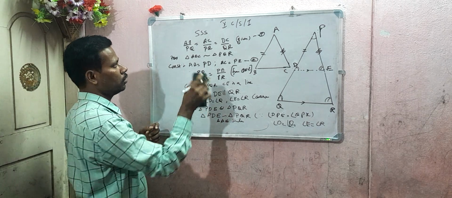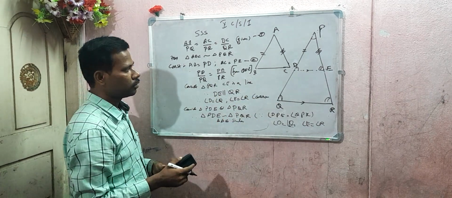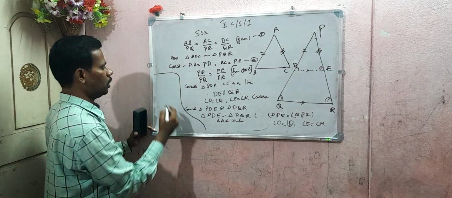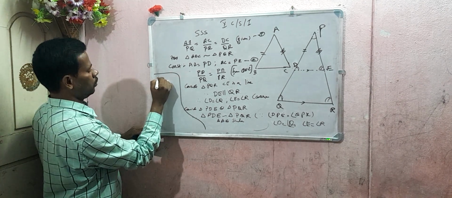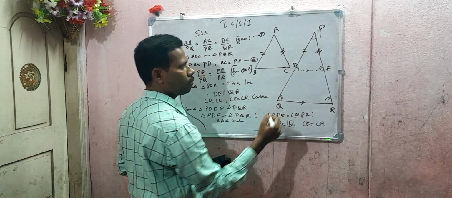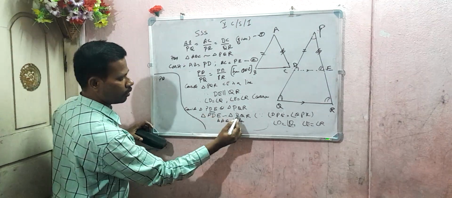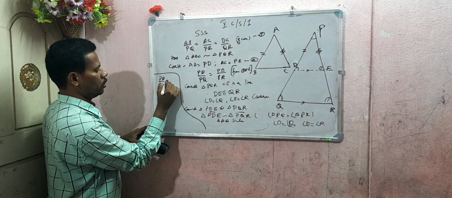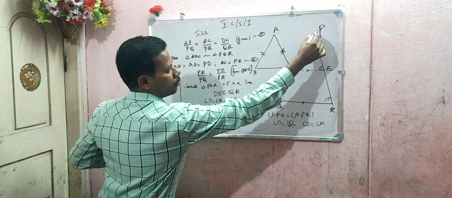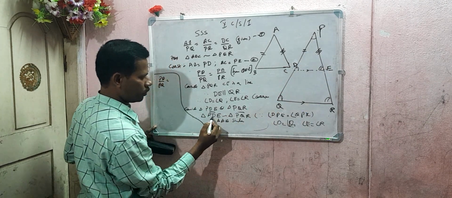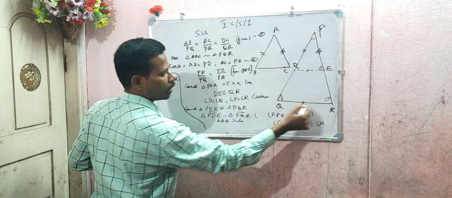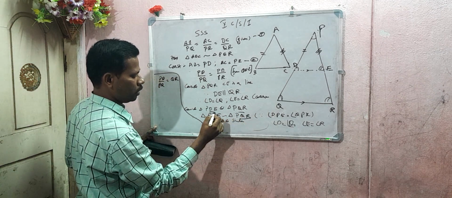Just consider this one. This all I am erasing, or else let us consider here. Therefore, PD by PQ is equal to, next, DE by QR.